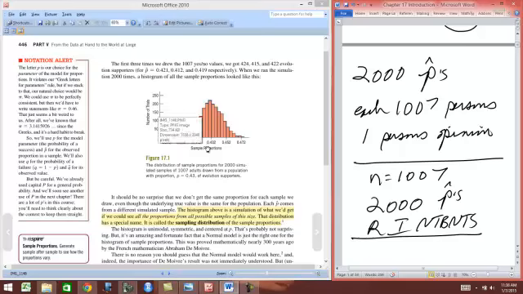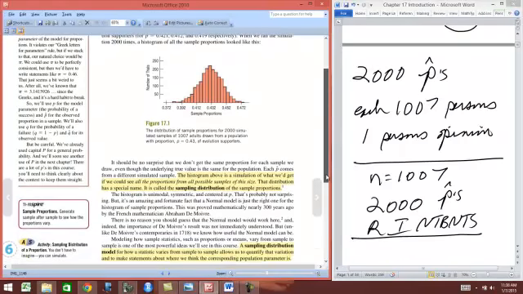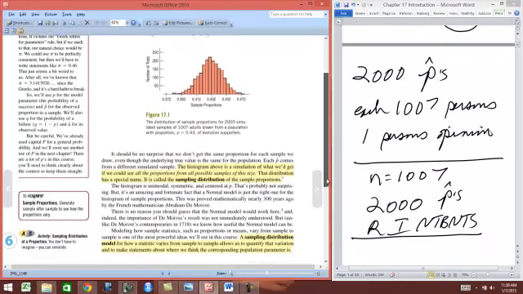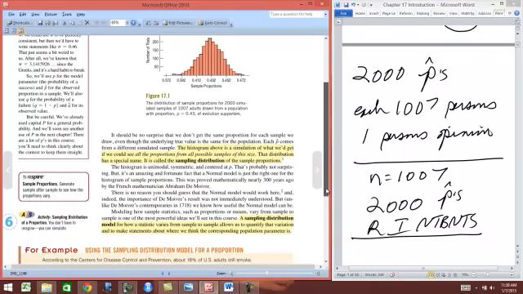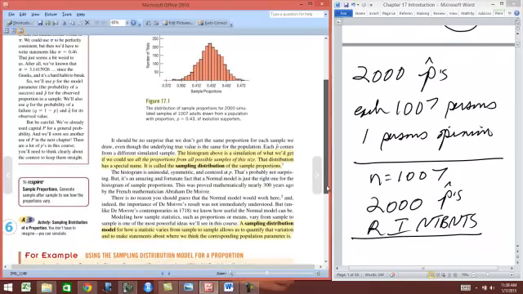In other words, the distribution would be normal. The distribution of those sample statistics, called a sampling distribution, would be approximately normal.